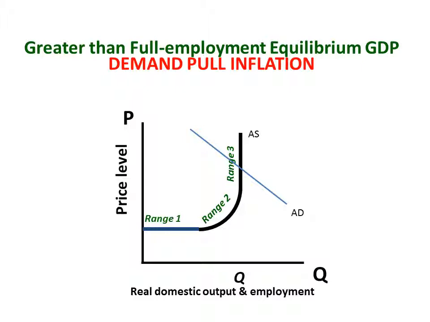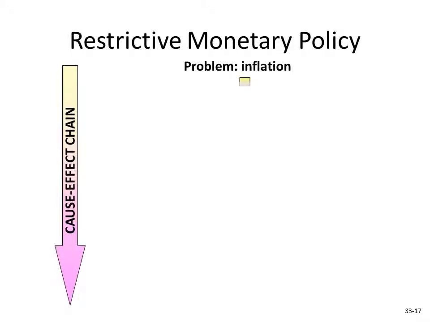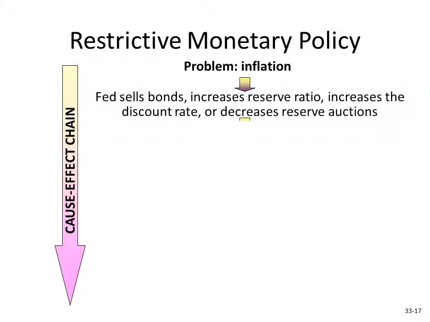So the question is, what's proper monetary policy if the economy is experiencing demand pull inflation? In this case, we would expect the Fed to use what's called restrictive monetary policy. It's the same four tools, but in this case, just in reverse. If the problem is inflation, the Fed's going to sell bonds to banks.